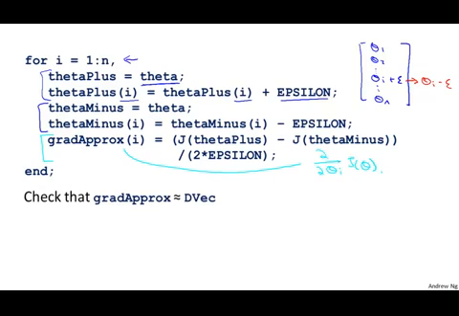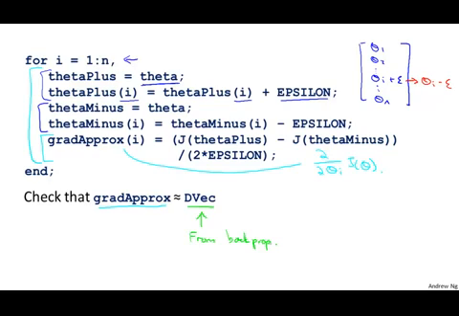And the way we use this in our neural network implementation is we would implement this for loop to compute the partial derivative of the cost function with respect to every parameter in our network. And we can then take the gradient that we got from backprop. So DVec was the derivatives we got from backprop. So backpropagation was a relatively efficient way to compute the derivatives or the partial derivatives of our cost function with respect to all of our parameters.